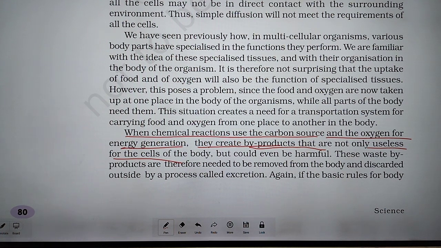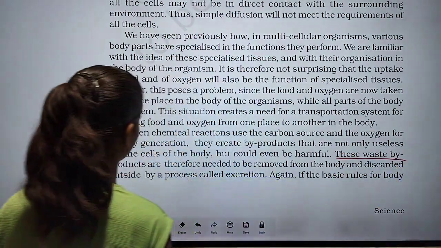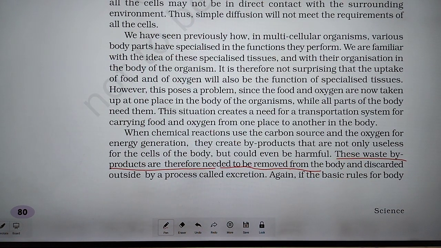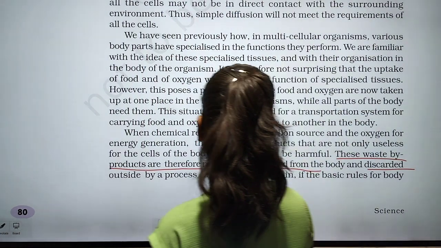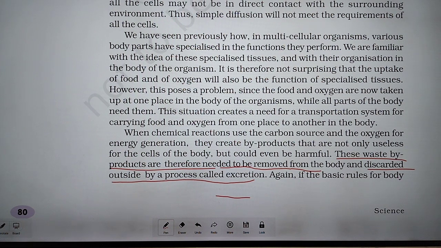These waste byproducts therefore need to be removed from the body and discarded outside by a process called excretion.